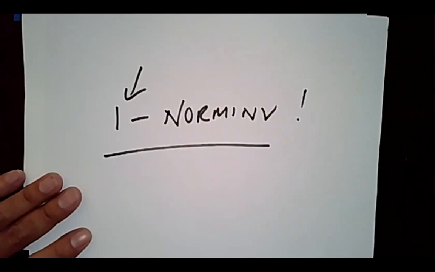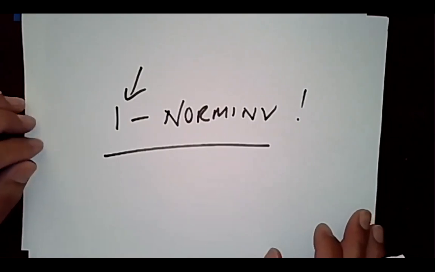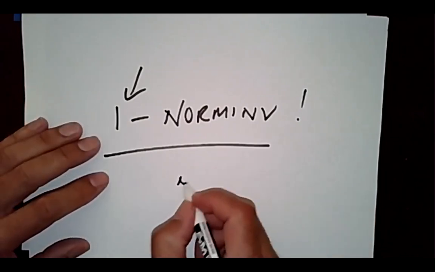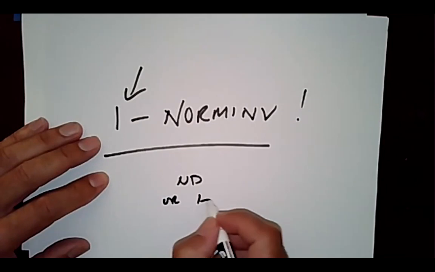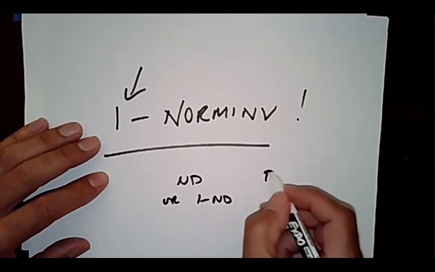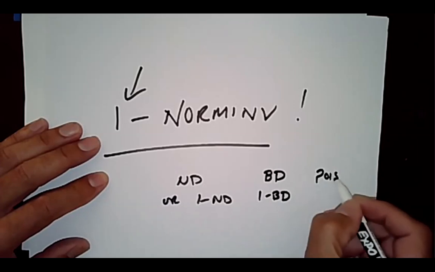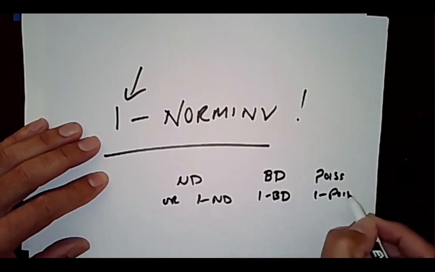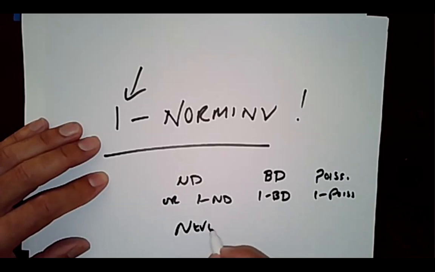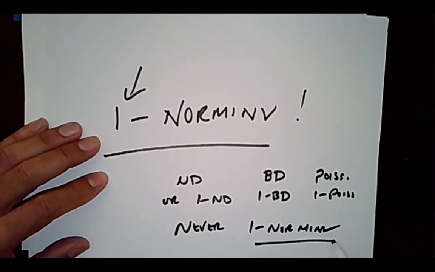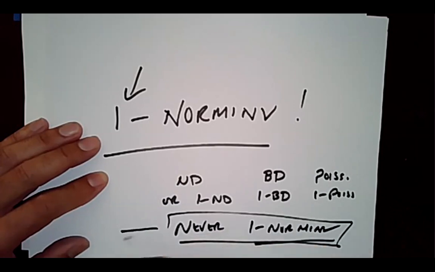Don't dare think about writing that. Norm INV, that is not a command to subtract from 1. Norm dist or 1 minus norm dist. Binom dist, 1 minus binom dist. Poisson, 1 minus Poisson. Never 1 minus norm INV.